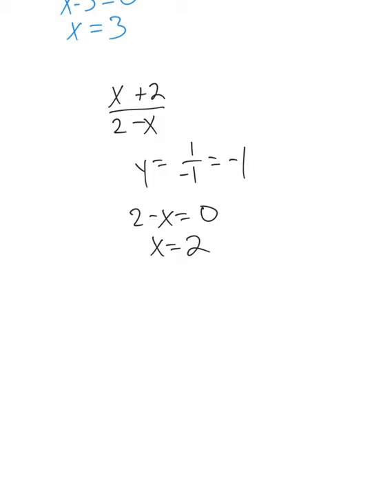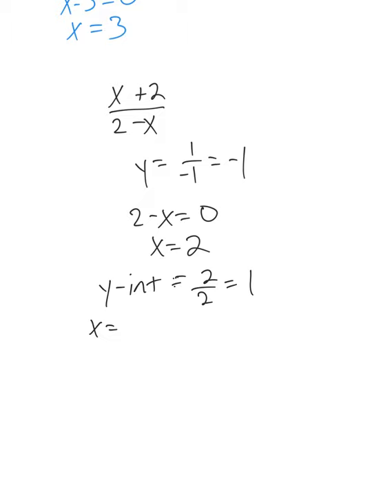Our y-intercept is our constants, which here is 2 over 2, which makes it 1. And then for our x-intercept, notice that there's an x on top and an x on the bottom. So the x-intercept is what makes the numerator go to 0.